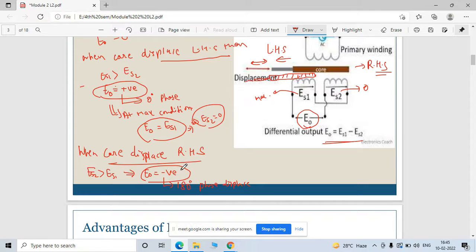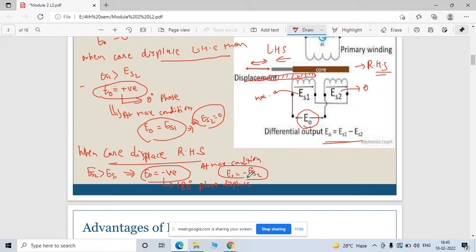At the maximum condition, e naught is nothing but minus es2. So in this way you can say that this is the output voltage by means of the induction principle.